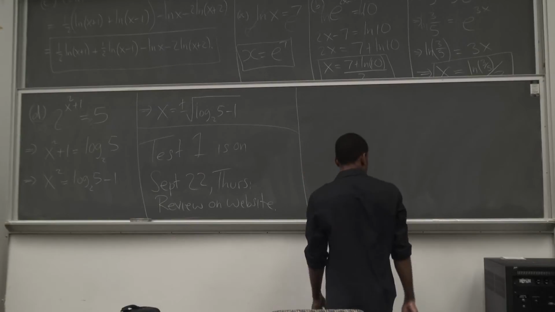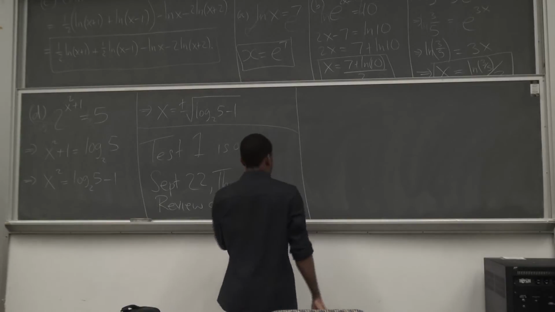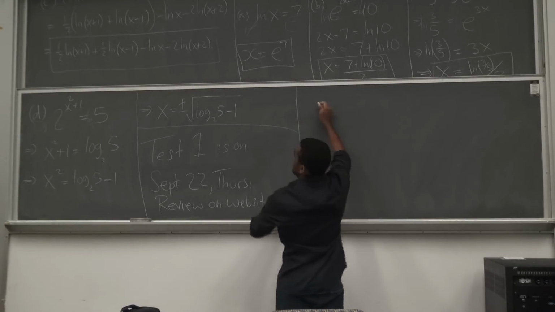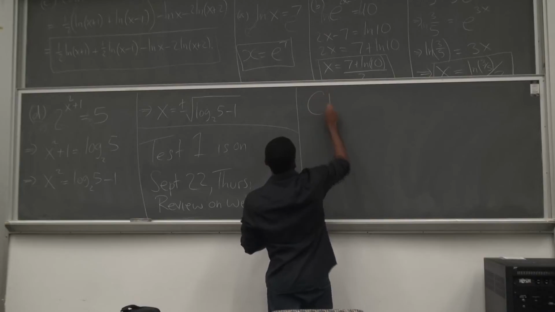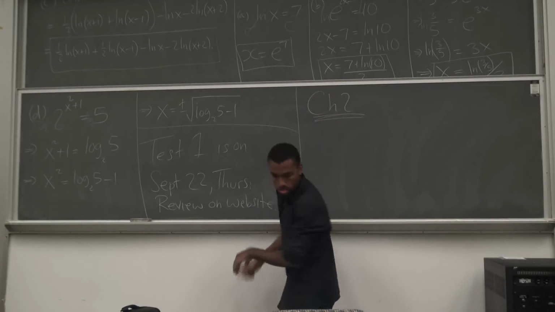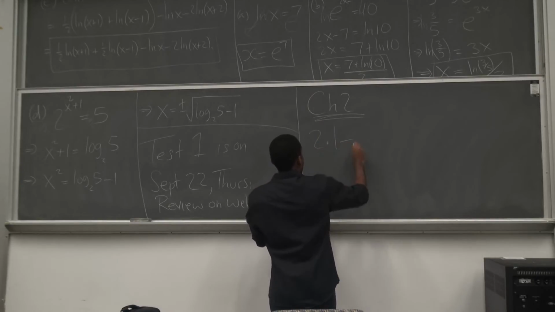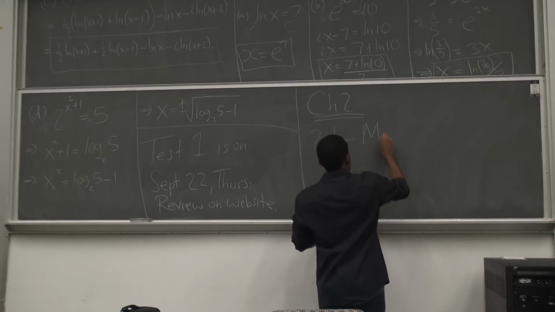Yep, so that's that. We're finally done with chapter 1. So let's start calculus finally. Now we're moving on to chapter 2. 2.1 is the first section, it's talking about measuring change.